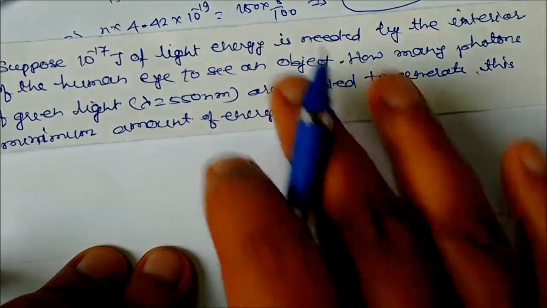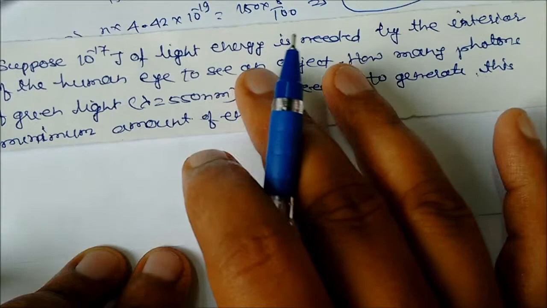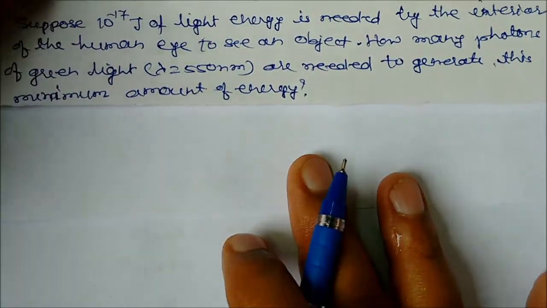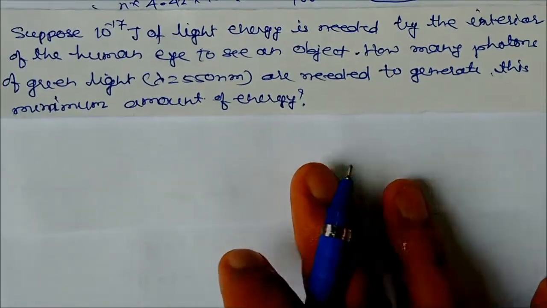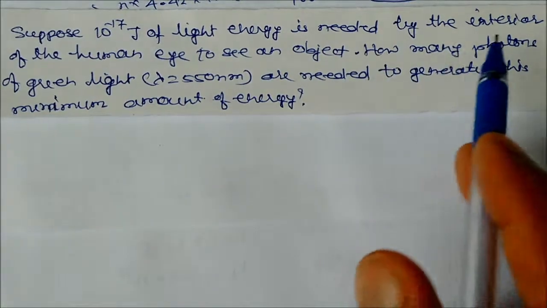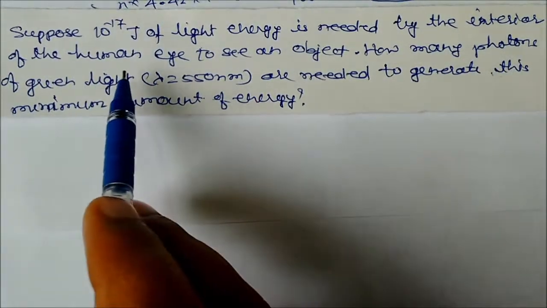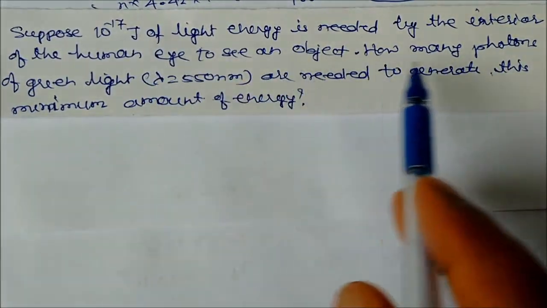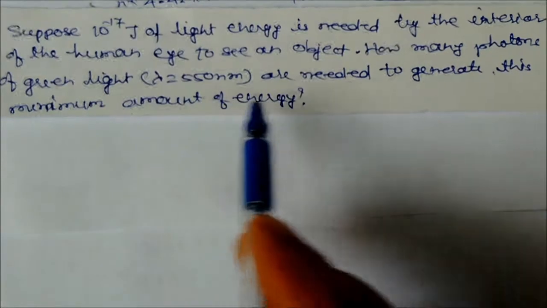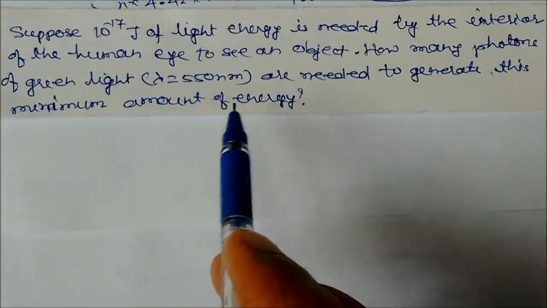Now, suppose 10 to the power minus 17 joule of light is needed by the interior of the human eye to see an object. How many photons of green light are needed to generate this minimum amount of energy?